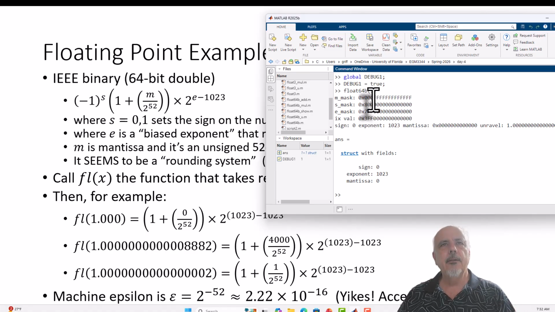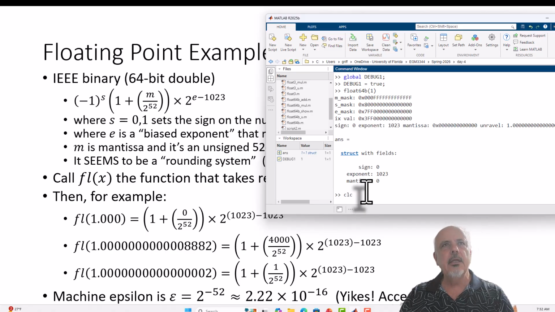The mantissa is being masked with those nibbles. Again, we got 0. We're masking 0, so we're getting 0. And when we're looking at the exponent, we're using that to mask, and that's how we got the 3FF or the 1023. So that's how it works.